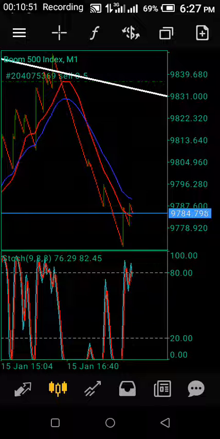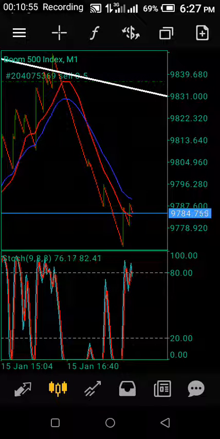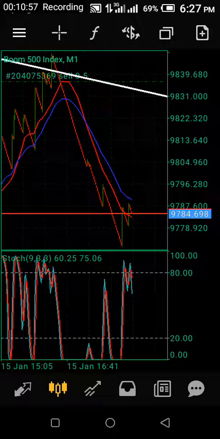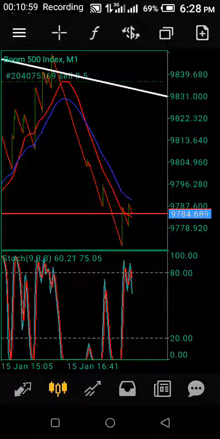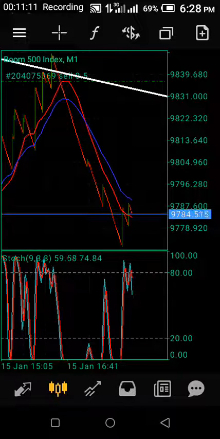So anytime, let me say it again, jackpot simply means if you spot a hidden divergence in one time frame, be it on the 1 minute time frame, and you go to the 5 minute time frame and spot another hidden divergence, that's a jackpot for you. It will surely come.